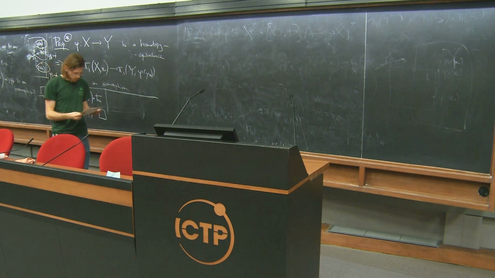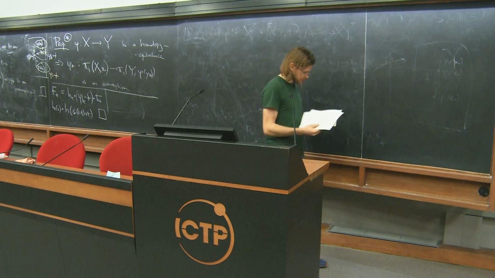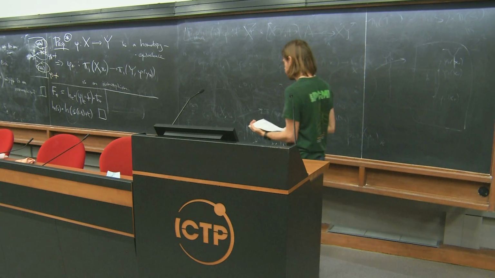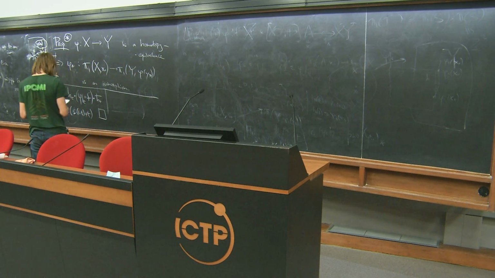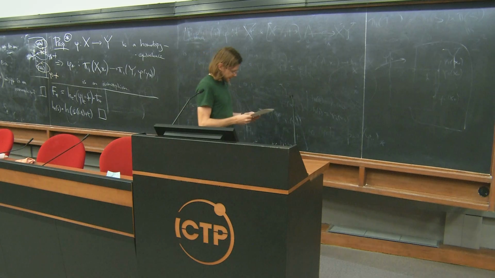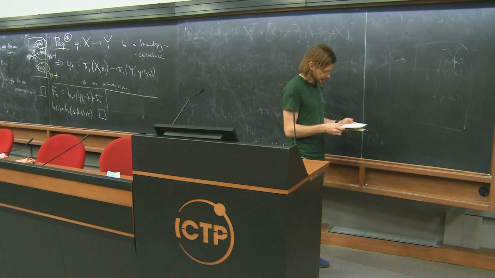Okay, so our next goal, and this will be more or less the final thing which we will do before we turn to study homology theory, is to prove Van Kampen's theorem and to show how one can use it in some examples.